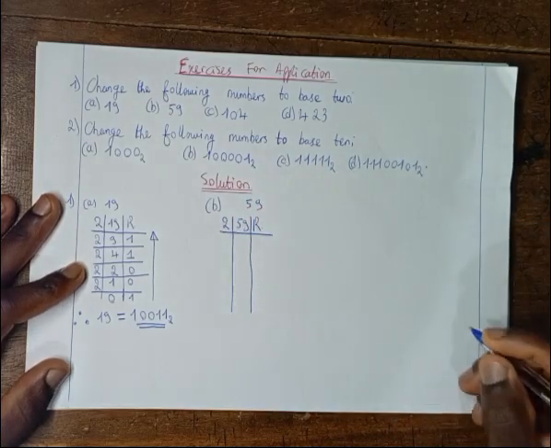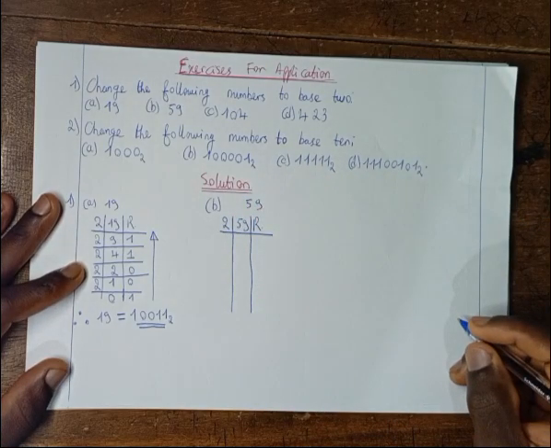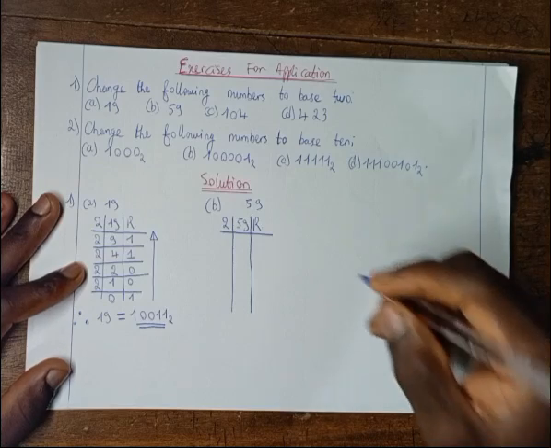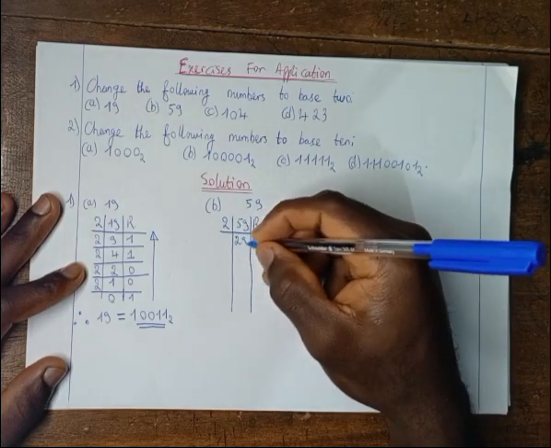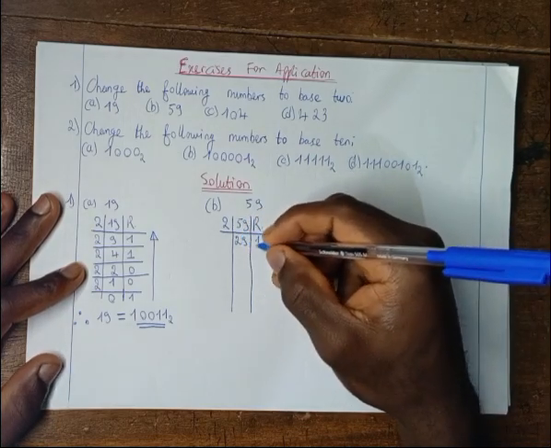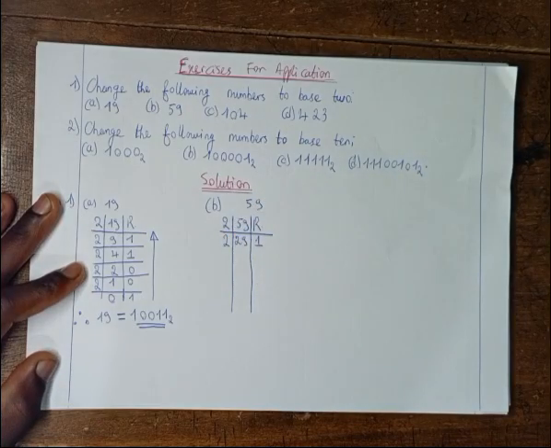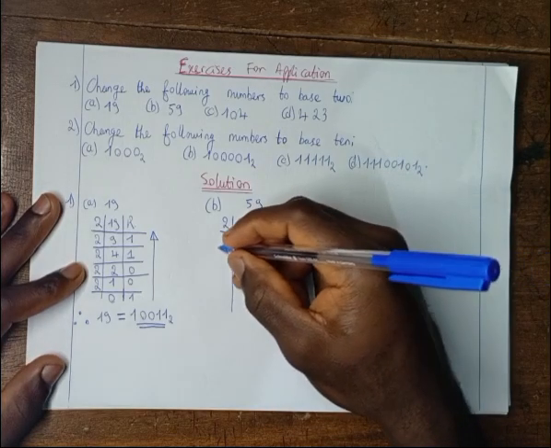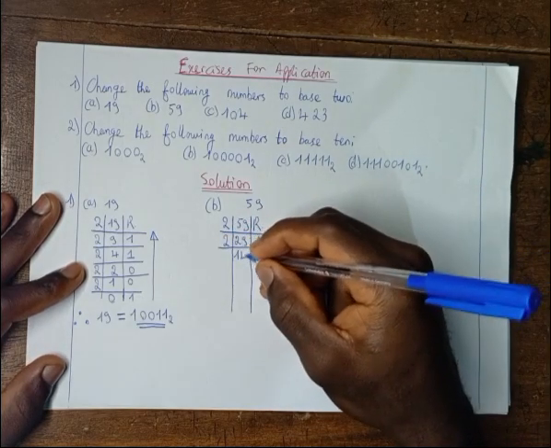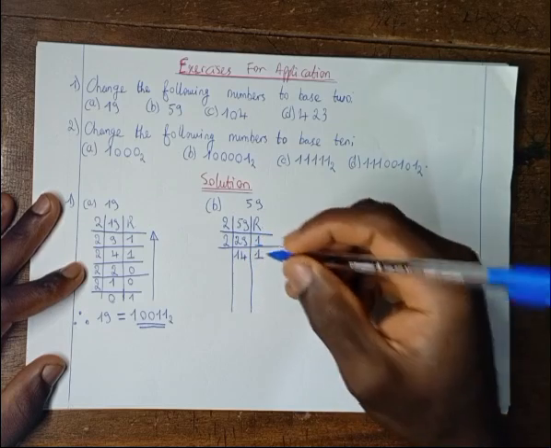We are going to take 59 divided by 2. 59 divided by 2 gives us 29, remainder 1. Next, we are going to divide the number 29 by 2, which gives us 14, remainder 1.